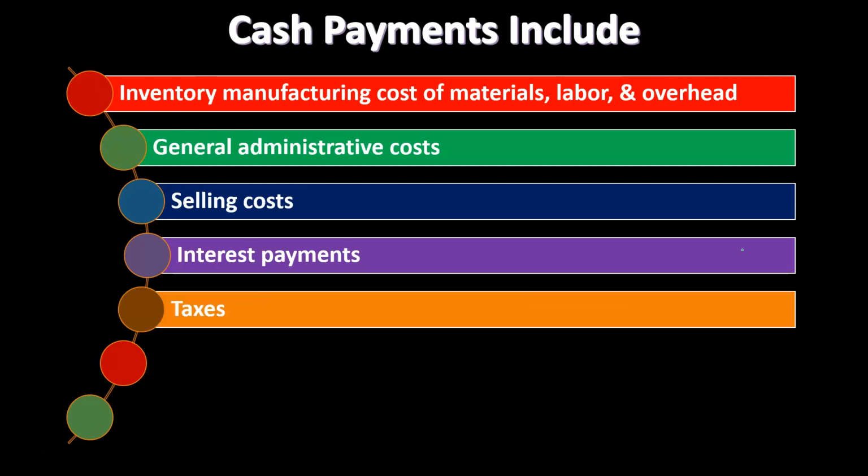Then we have the taxes. Same kind of thing here. When we think about, say, income taxes, we have to record the income taxes as we generate revenue on an accrual basis, even though we're not going to pay them typically till a later time, possibly quarterly. So on an accrual basis, we're going to record the expense as it is incurred.